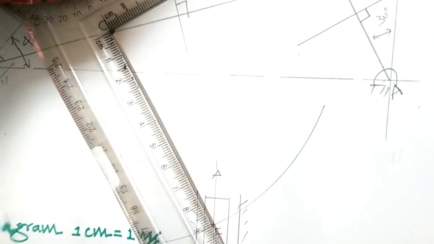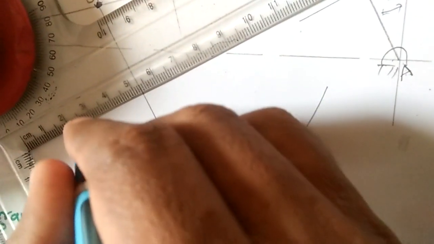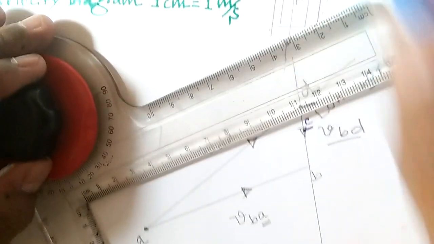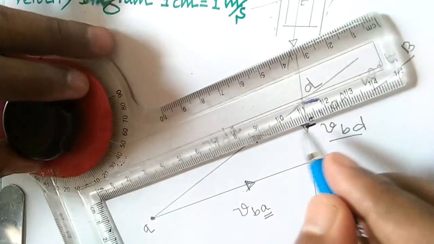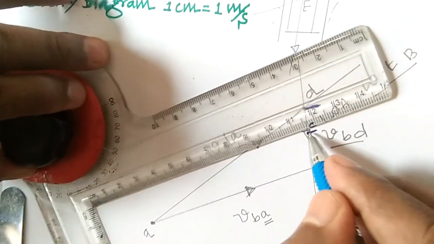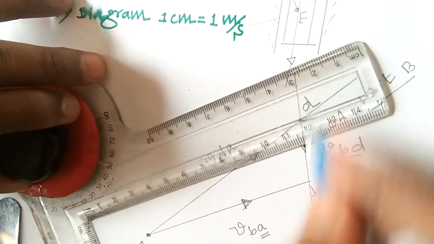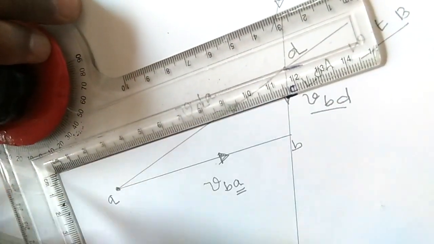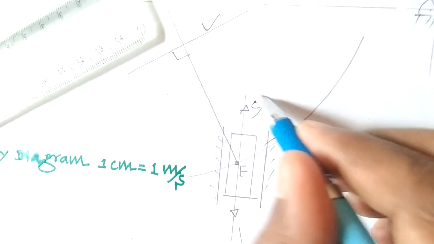You have to find the C link. Make the alignment and draw a perpendicular with respect to C. C is here. You have to draw this one. Okay. Then once again, this is the slider.